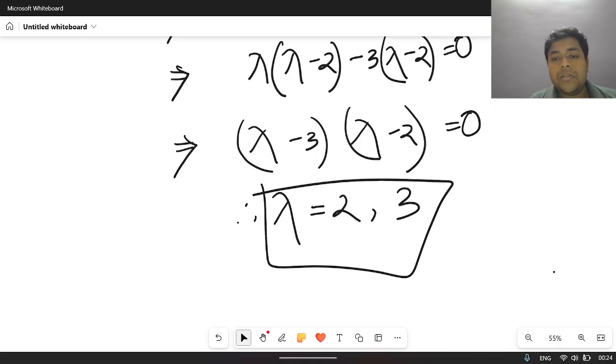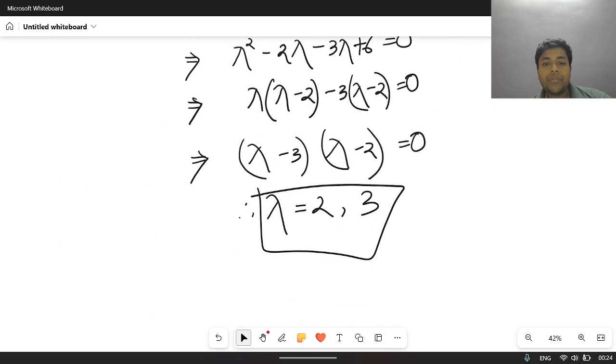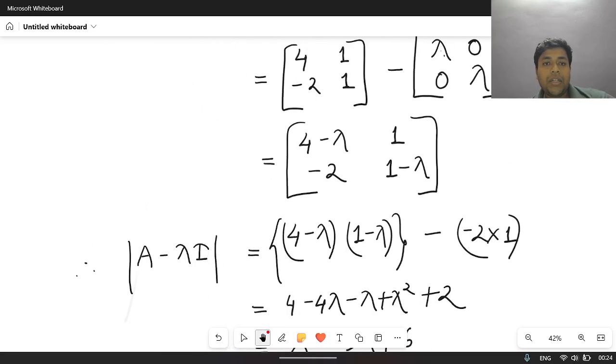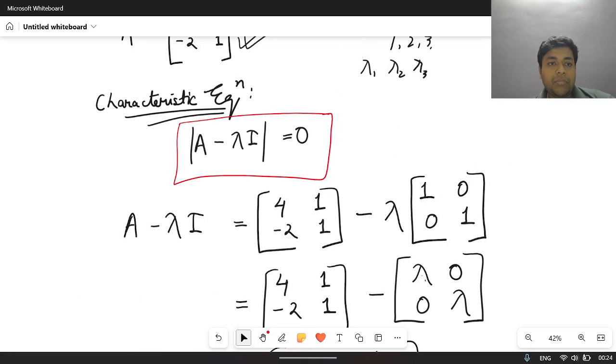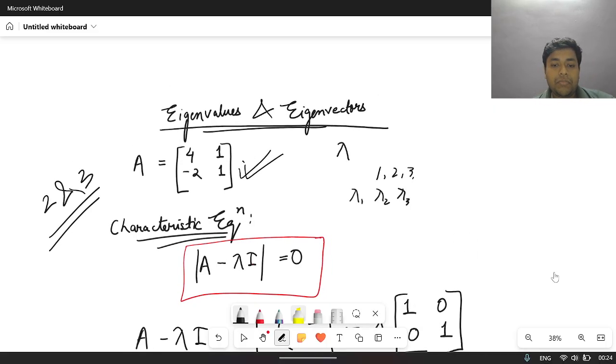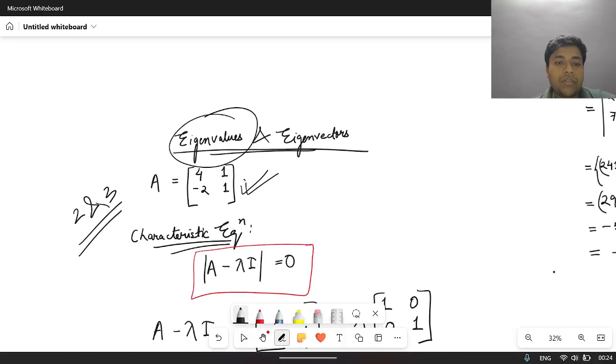So if I ask you to find the eigenvalues of the matrix A, then the answer will be 2 and 3. So this is how you will find the values of the eigenvalues. Okay, so this is all about eigenvalues.